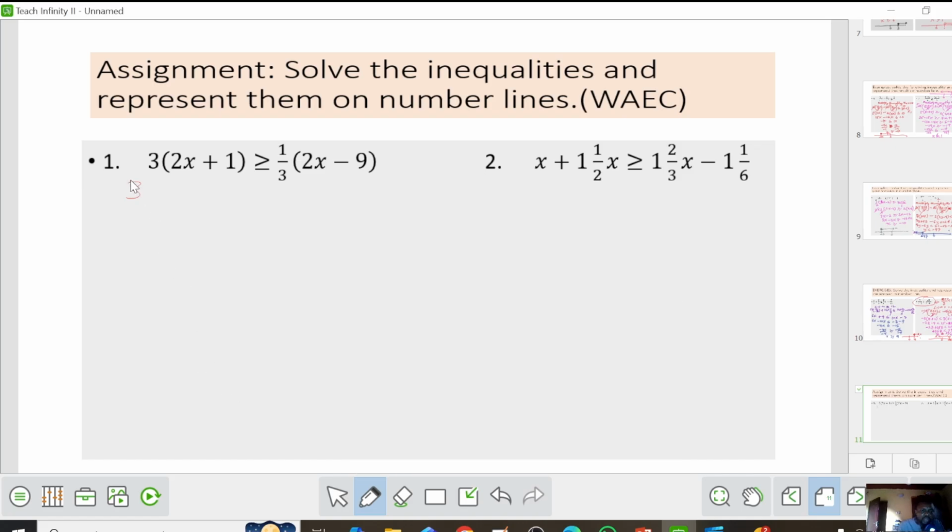Alright, so I have 3 into 2x plus 1 greater than or equal to 1 over 3 into 2x minus 9.